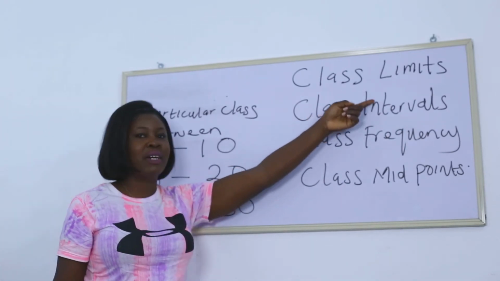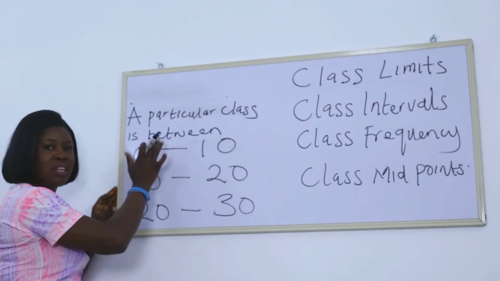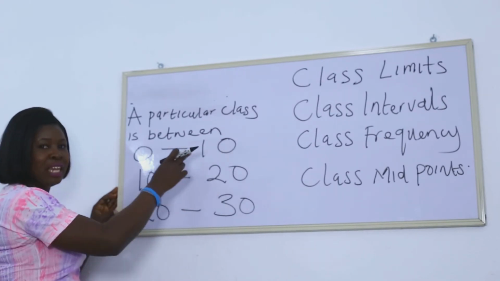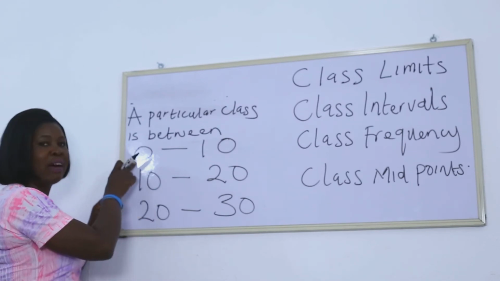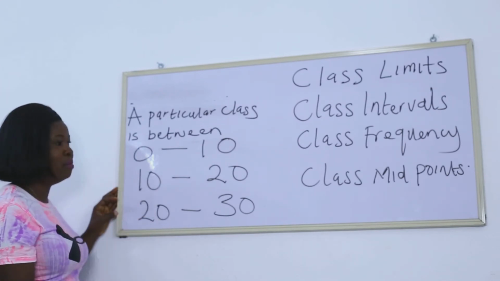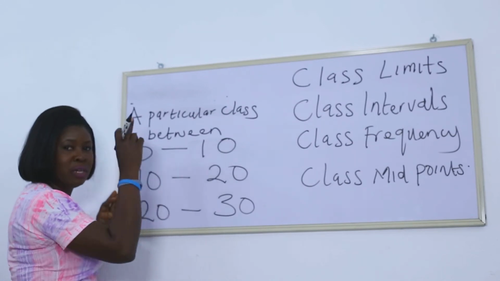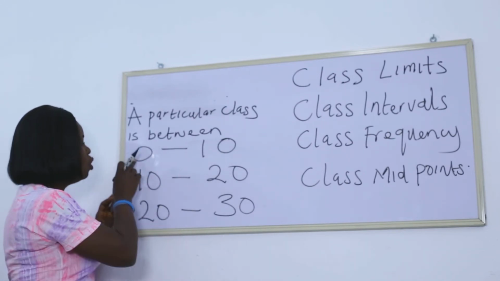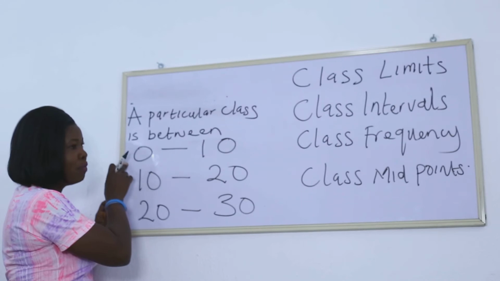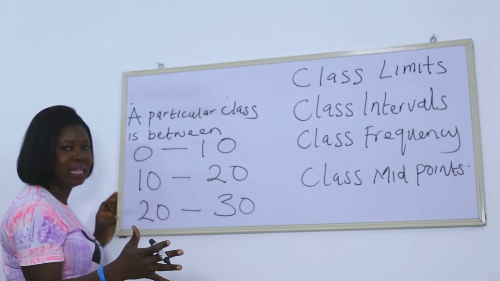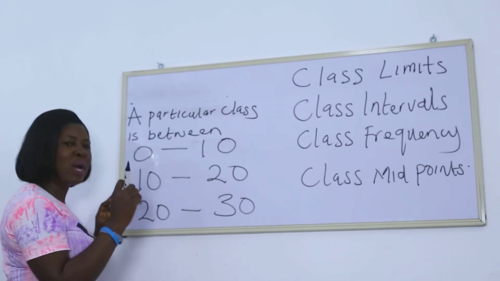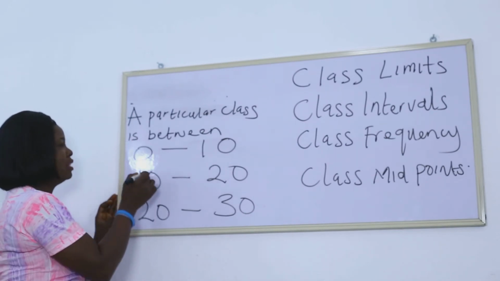The class interval is the difference between the highest and the lowest value of that class. We call the lowest value the lower class limit, and we call the upper value the upper class limit. The small value is called the lower class limit. It means the lowest or the least value in that particular class.